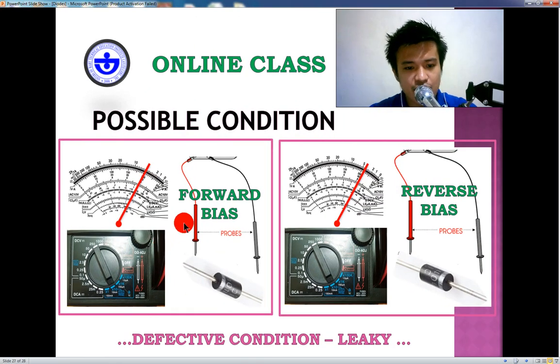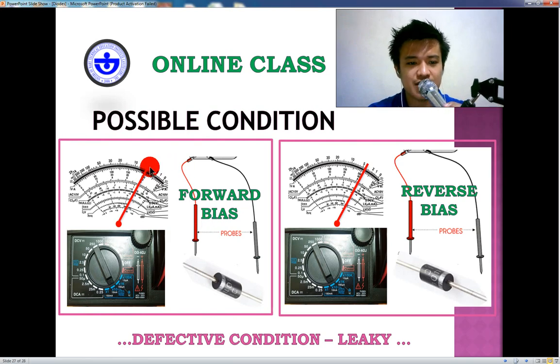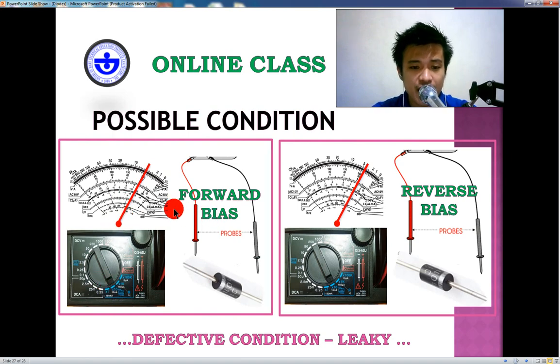Next, this illustration is our forward bias. For example, there is a reading of low but not zero, with the same multimeter setting. If it is forward bias, you can get a reading of low but not zero, and on the reverse bias, you can still get a reading of low but not zero. Now, in this case, your diode is defective and under leaky.